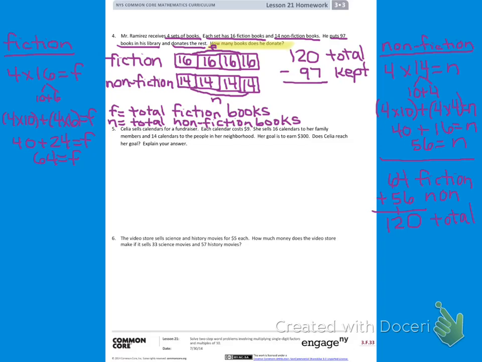If I have 0, can I take away 7? No. So I'll borrow from the neighbor and unbundle a group of 10. Instead of having 2 tens, I'll now have 1 ten.